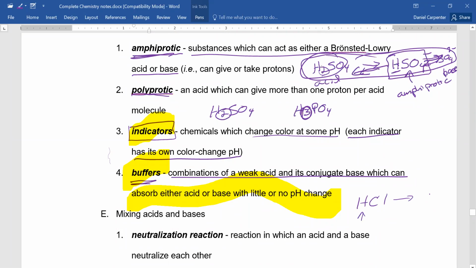When it gives that hydrogen, it becomes Cl minus. Well, this is an acid because it can give a hydrogen. According to Bronsted and Lowry's definition, this is a base because it could take the hydrogen back. It could go back to being HCl. So we refer to this pair as conjugates. This is an acid, and this is its conjugate base.